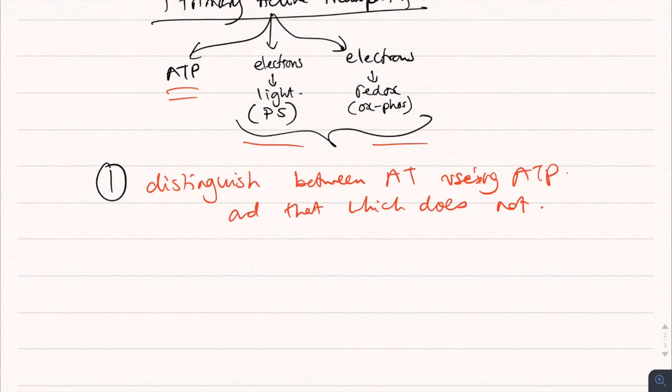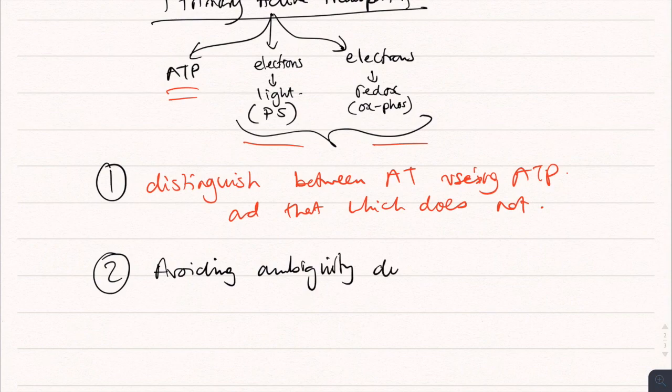The second thing is highly related to that, which is if you're sitting an exam, you cannot confuse different parts of your content. You cannot be ambiguous about what you're talking about in an exam, because exams are about demonstrating to the examiner that you understand something. So the second reason is avoiding ambiguity during an exam or some other assessment.